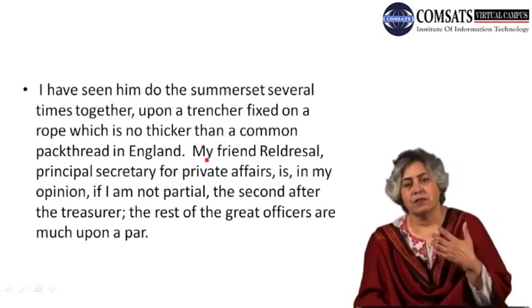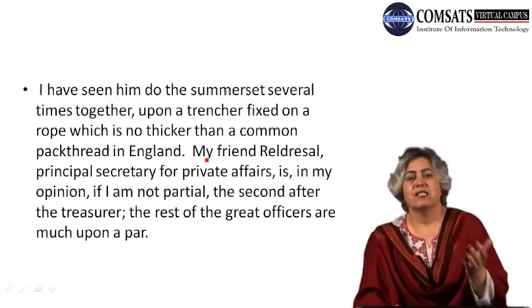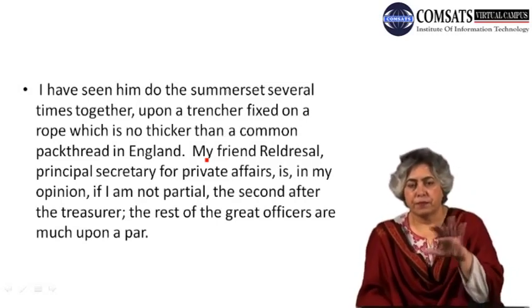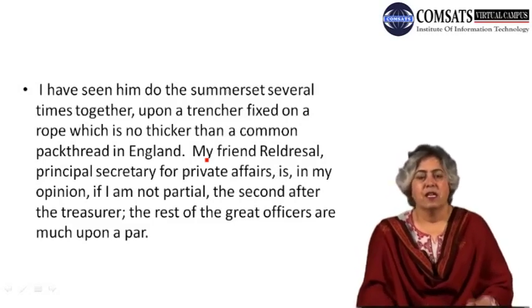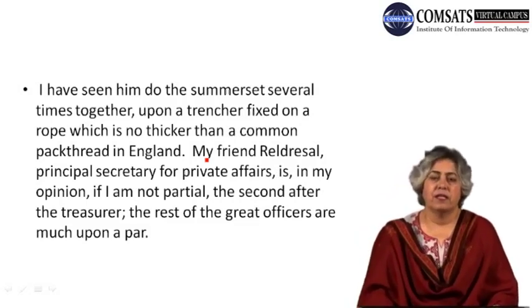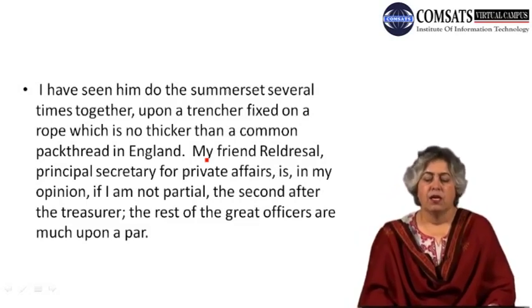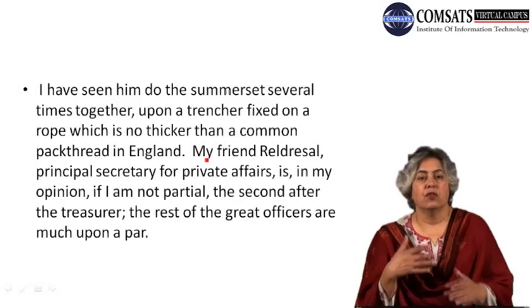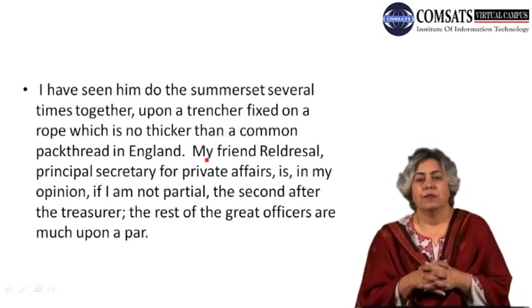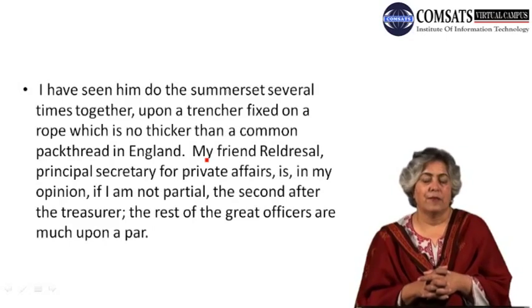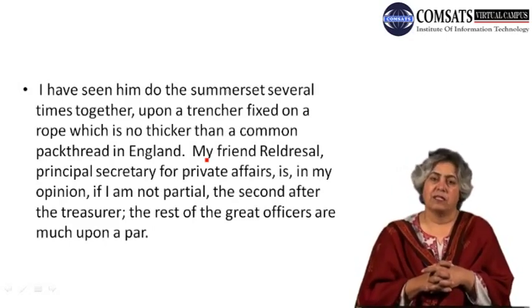These are names that Swift came up with, just as he comes up with the names of the different people who inhabit these lands. So Flimnap is one, and Reldrisal is another, and he is Principal Secretary for Private Affairs. And he is also very, very skilled at doing somersaults, or somerset, as Swift calls them.